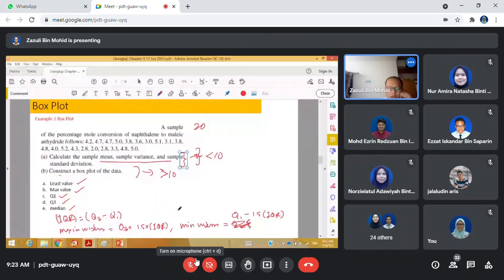After this you also have to define any outliers.